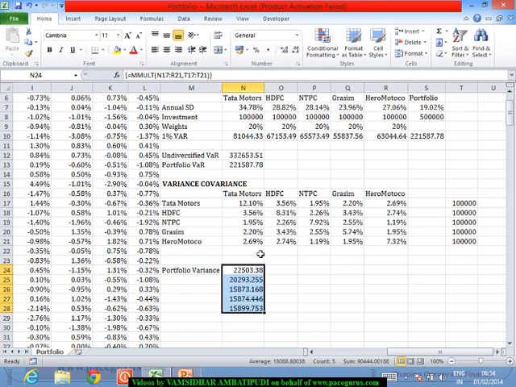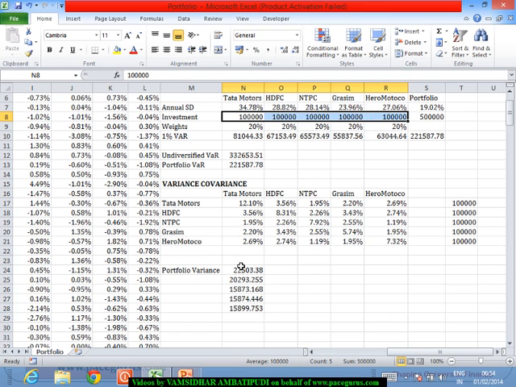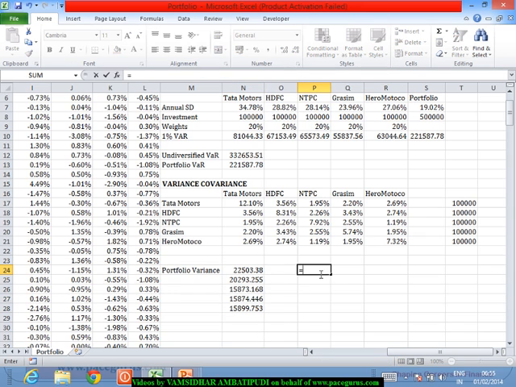So these are the W1, the variance covariance matrix multiplied by W1 and W2 up to W5. Then we have this matrix multiplied with this matrix. So that is what will give you my overall portfolio variance. Because this is a 1 by 5 matrix and this is a 5 by 1 matrix, the resultant will be a 1 by 1 matrix.